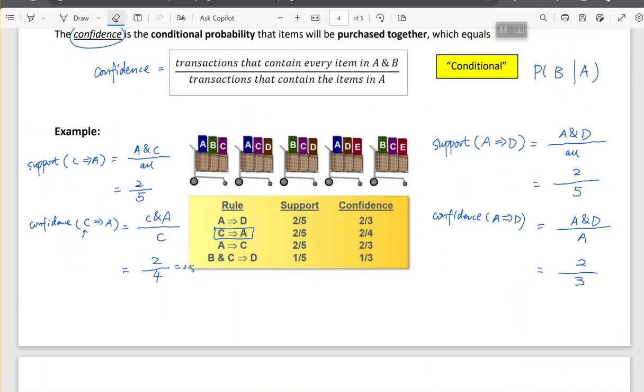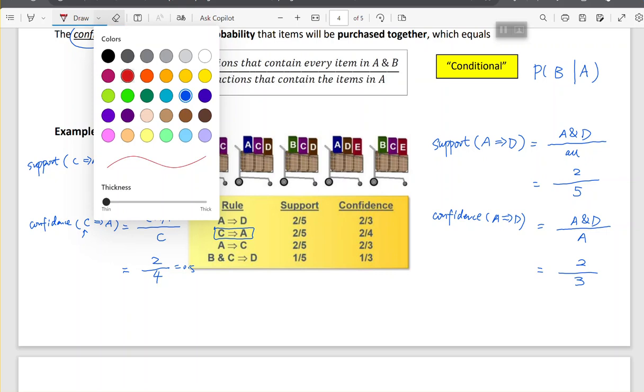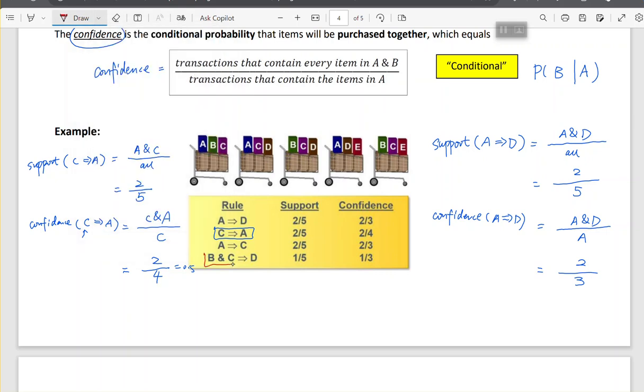We talk about 2 sets of items, right? So for example, this one, right? It's not just one item implies the other item. So now we have B and C as one set, D as the other set.